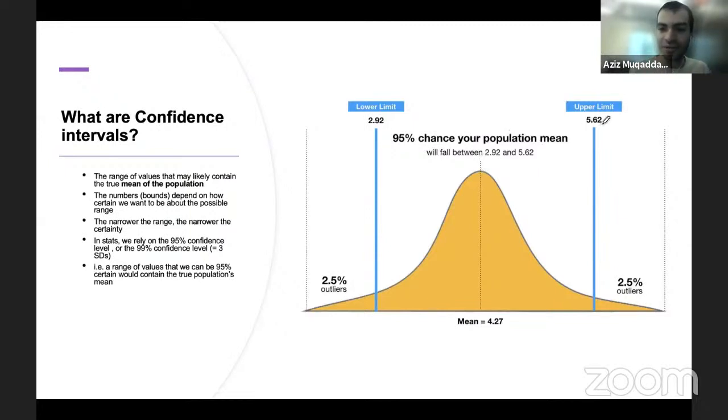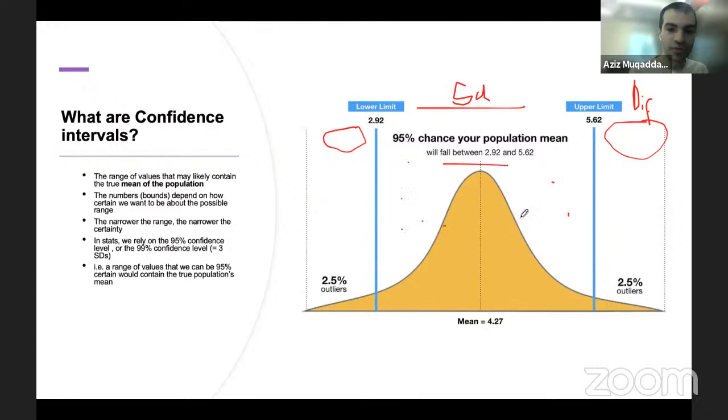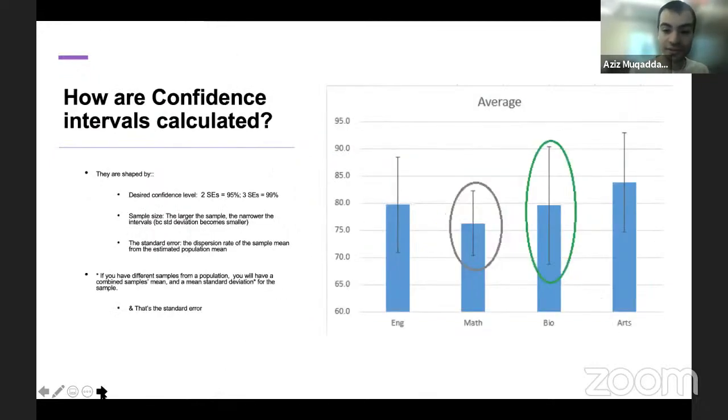The upper limit is 5.62, the lower limit is 2.92. Any group that falls here or here would be considered different, right? Anything here is the same, i.e. anything here would just be considered a random variation. Any mean score that falls here would be considered random variation from the same population.